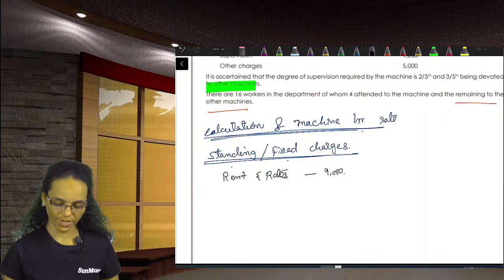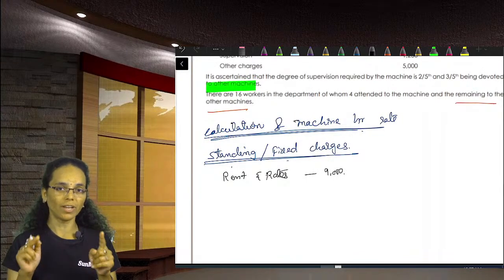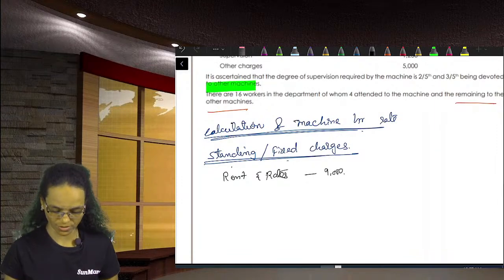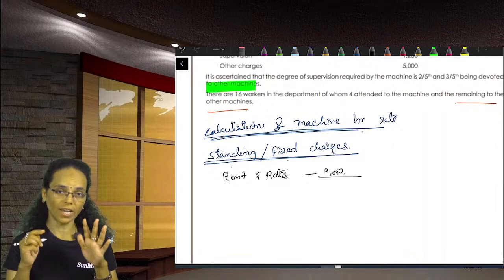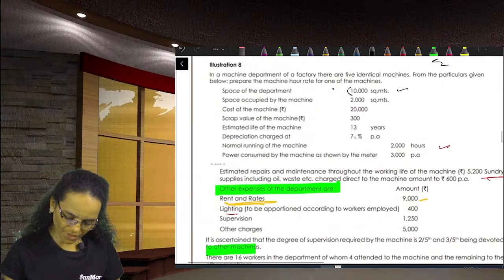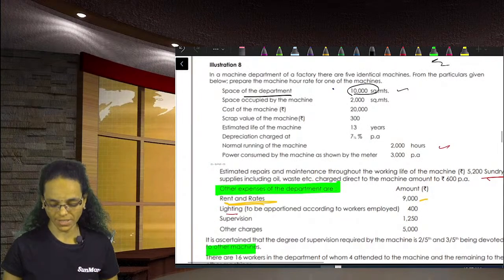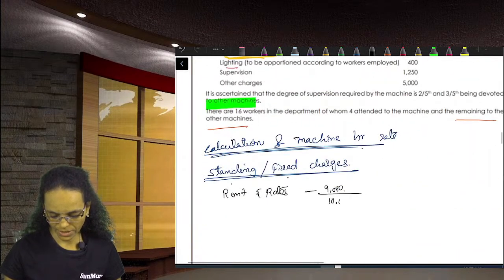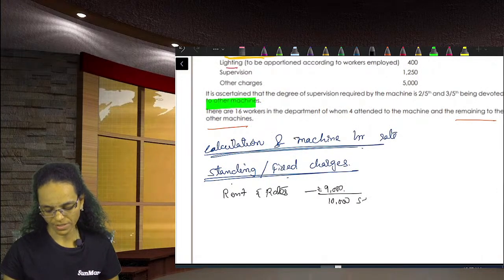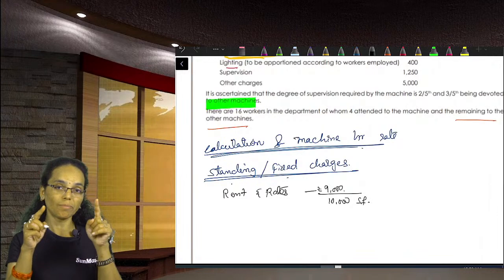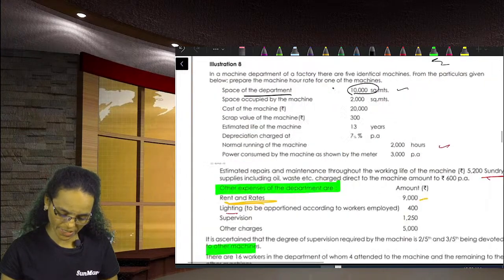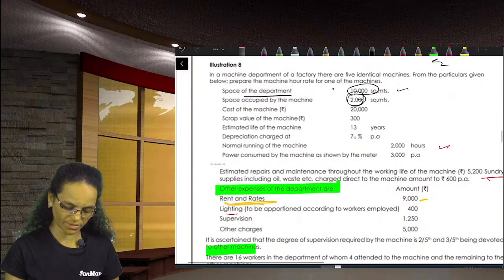9,000 rupees we are paying, but do we have only one machine in this particular factory? No, right? We have 5 machines. Total area occupancy is how much? 10,000 square meters is the total area. 9,000 rupees of rent we are paying for 10,000 square meters, but the area occupied by this particular machine is 2,000 square meters.